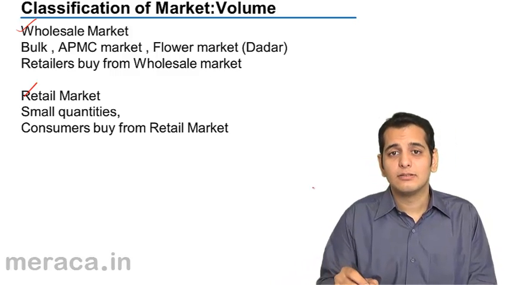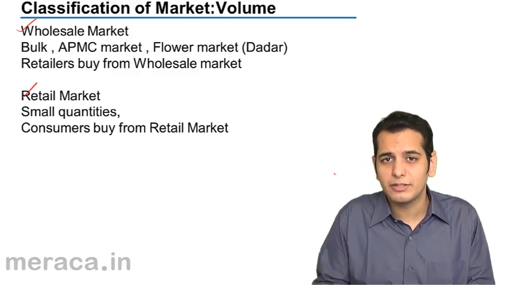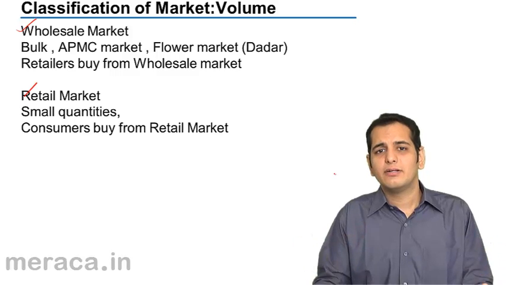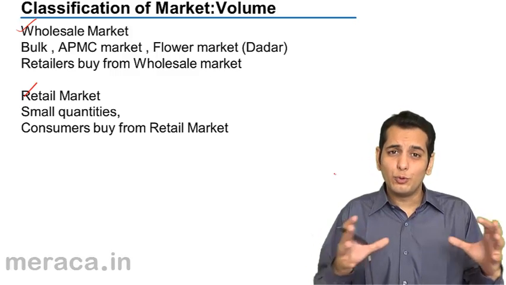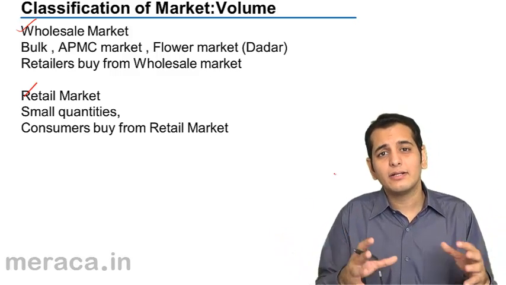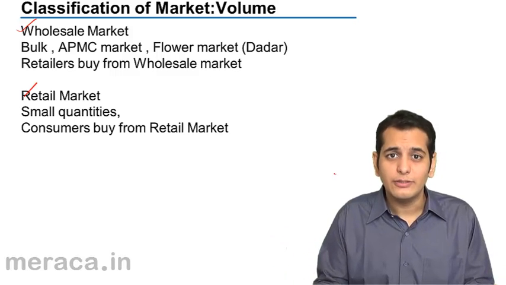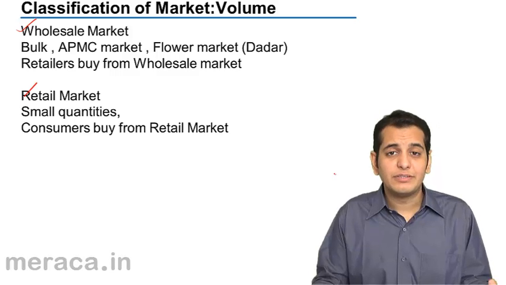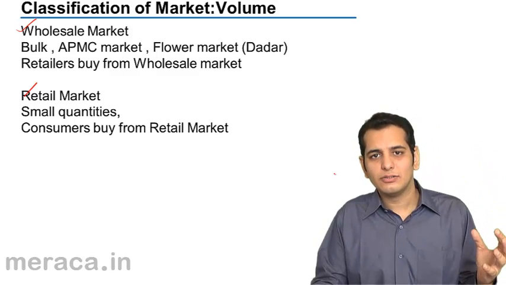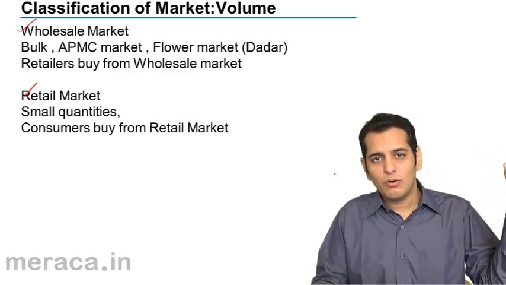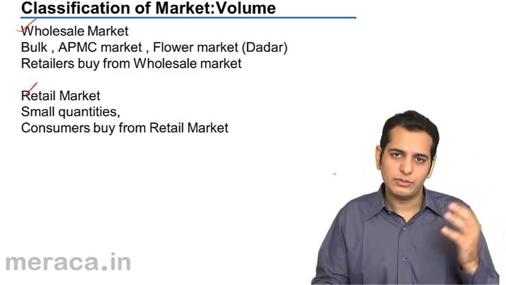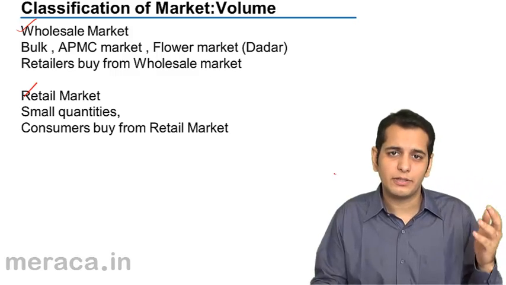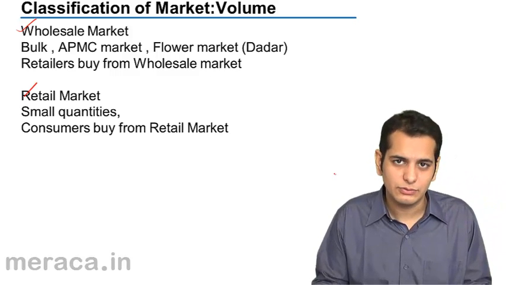For example, we have the APMC market near Vashi in Bombay. Now, this is a market wherein fruits and vegetables or agricultural produce, in short, is purchased and sold in bulk. The vegetable sellers purchase all their stock from this APMC market and sell it to retailers in their respective regional or local markets.